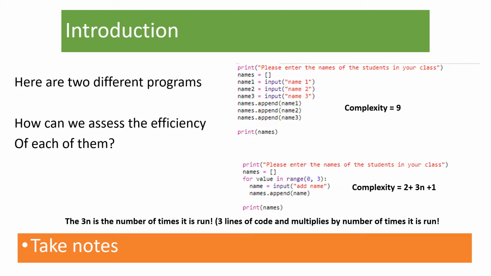So in this case, you'd be looking at a complexity of 33. In this second program, it's going to actually be pretty similar, but we can represent it by saying 2 plus 3n plus 1, where 3n is the number of times that for loop is going to be run.